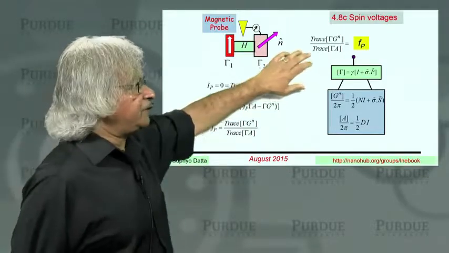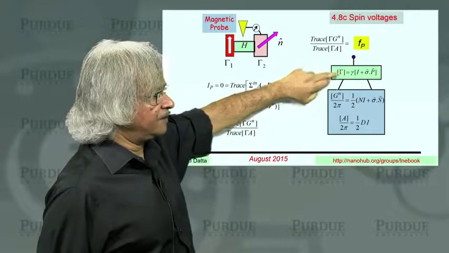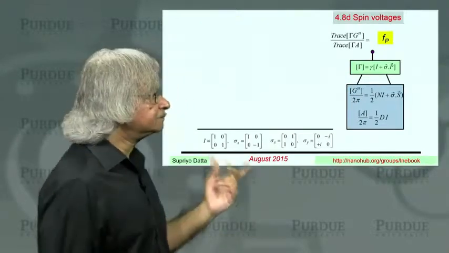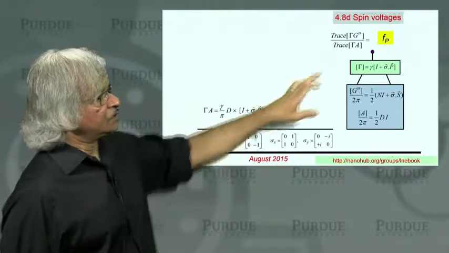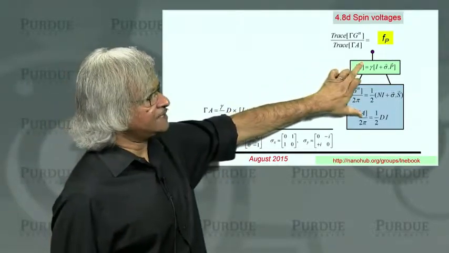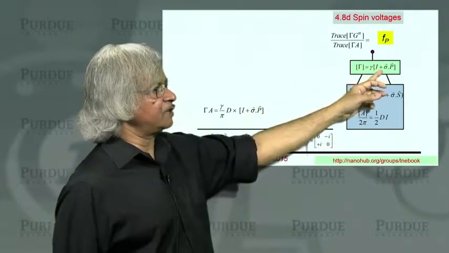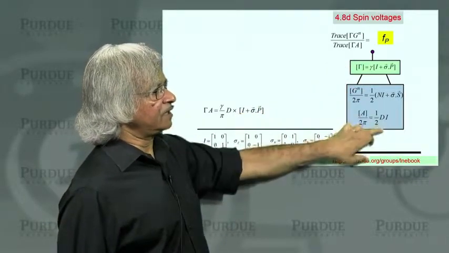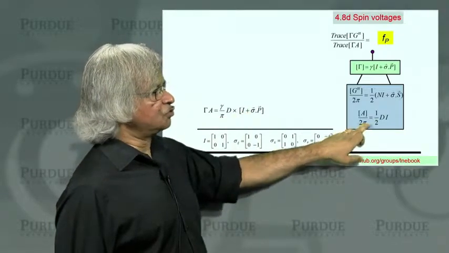Now we can try to evaluate these matrices, that's Gamma, that's Gn, and that's A. So let's try to do that. First we can start with Gamma A. Now that's easy because this is an identity matrix. So it's basically, matrix-wise, just I plus sigma dot P. And then you have Gamma times half D. And I guess there's this 2 pi from here.